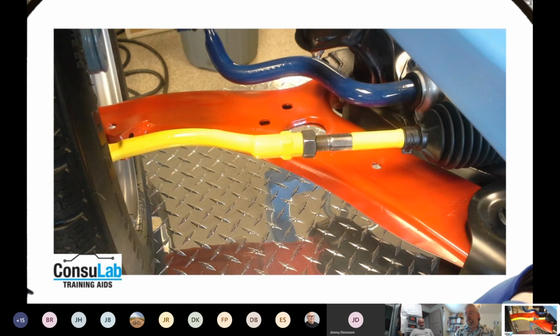A couple interesting things about this tie rod end, and again, this is on our trainer, you can actually see an arc to it. And that arc is so that the tie rod can actually reach inside the wheel and get to the steering knuckle.